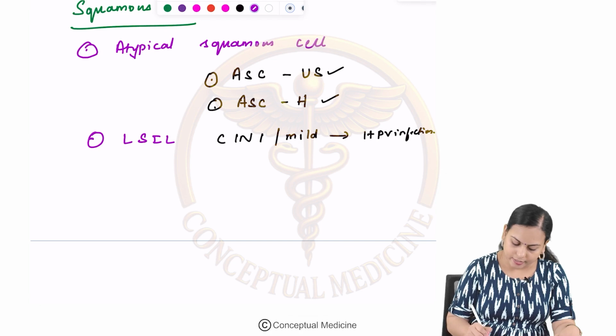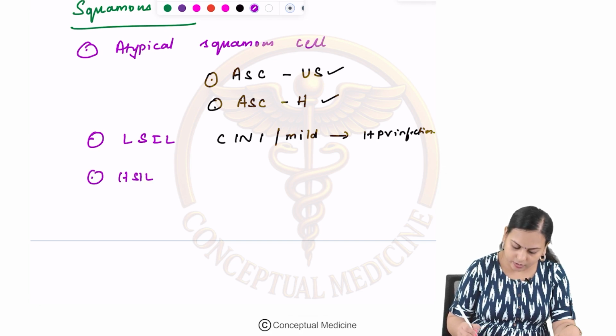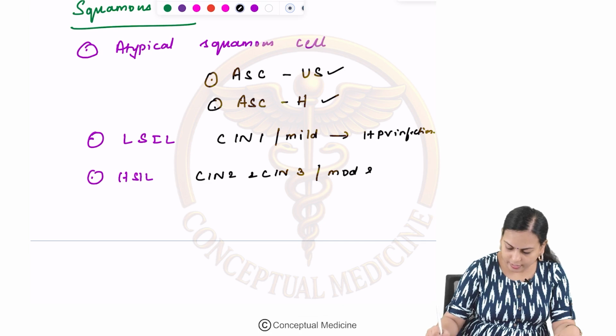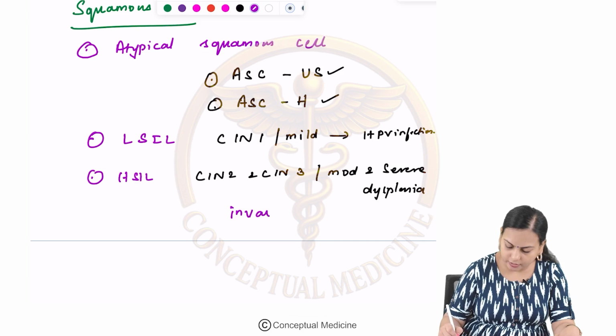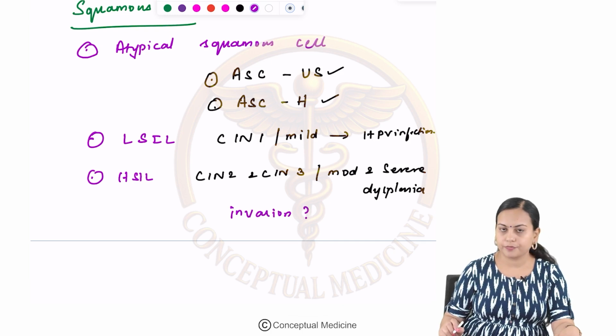Clear? And the next one is high grade squamous intraepithelial lesion. So, that will include your CIN2 and CIN3 as well as your moderate and severe dysplasia. Okay. So, here you have to mention whether there are any features of invasion or not. Okay.